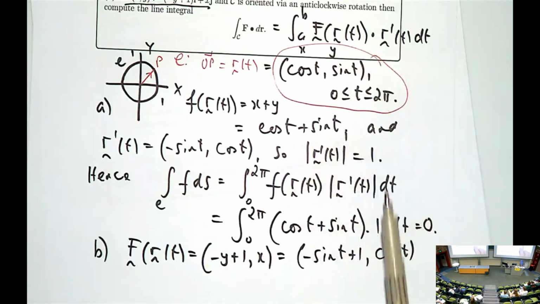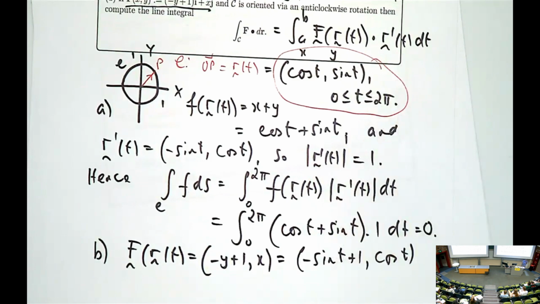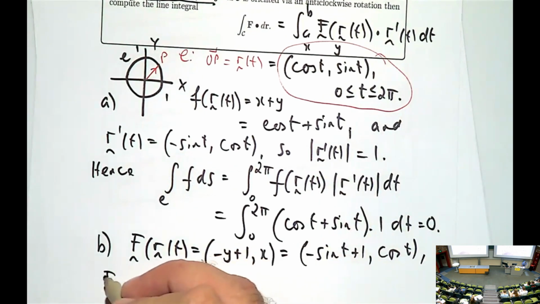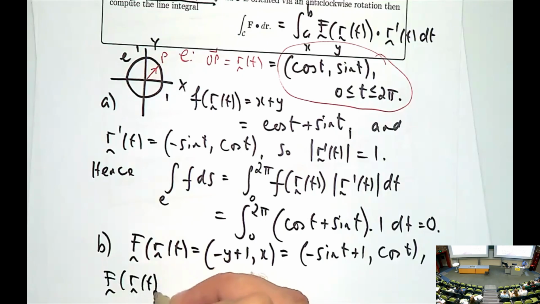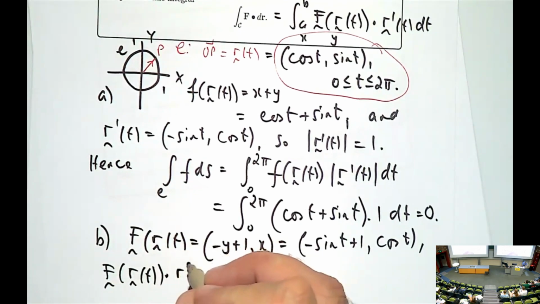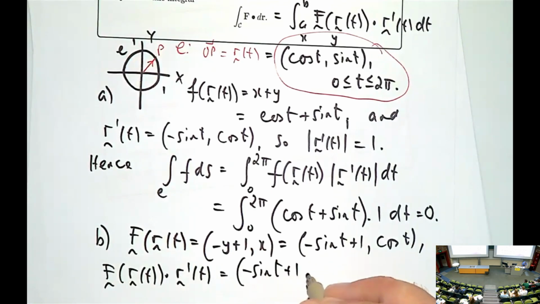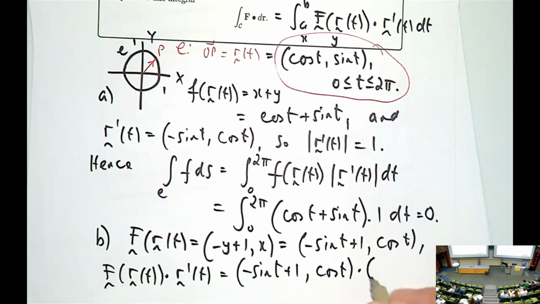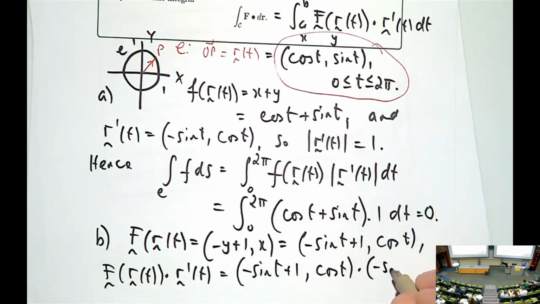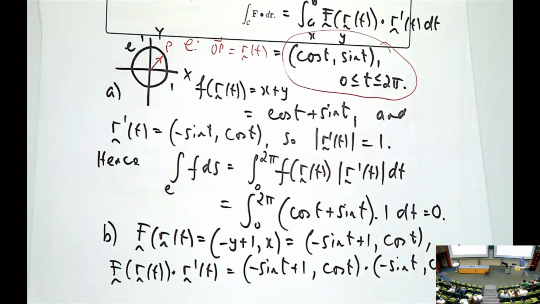So let's take the dot product, and we'll get something involving t. We get sine squared plus cos squared, which is 1, and we get a negative sine t. So 1 minus sine t.